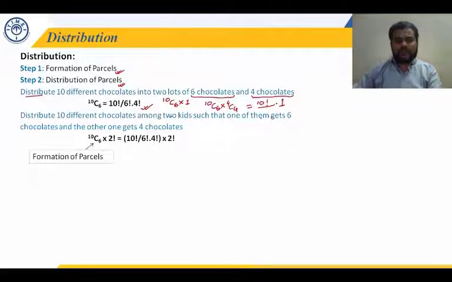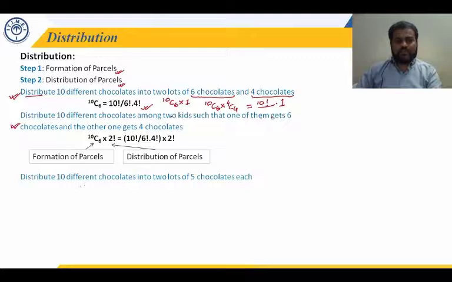So 10C6 is for formation of parcels, followed by distribution of parcels, so into 2 factorial also. Fine. I hope you understood the difference between this and this. In the first part, we only had to form the parcels. In the second part, we had to distribute the parcels after the formation of parcels.